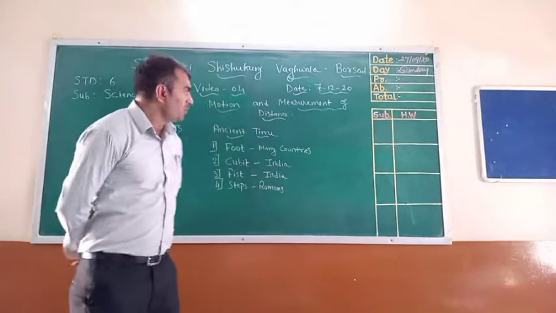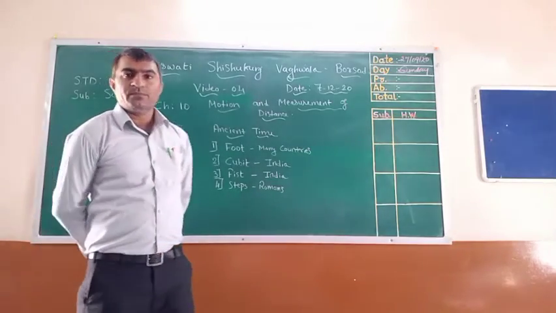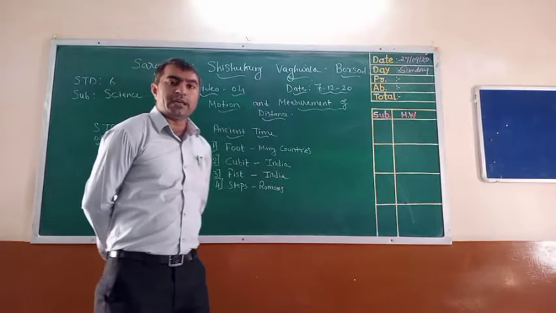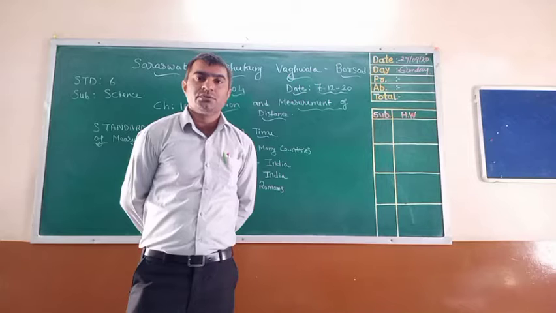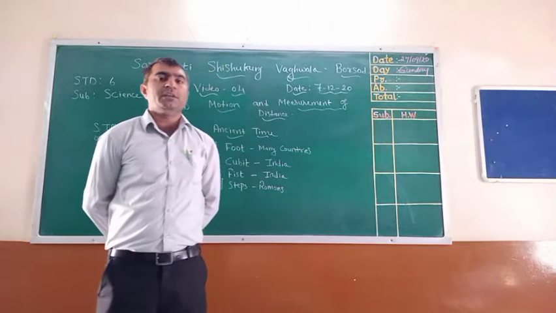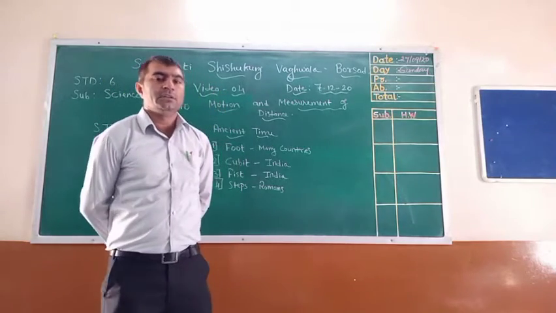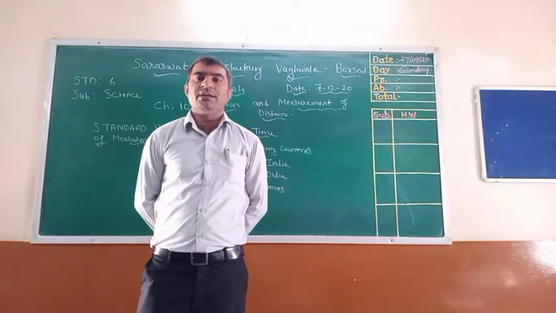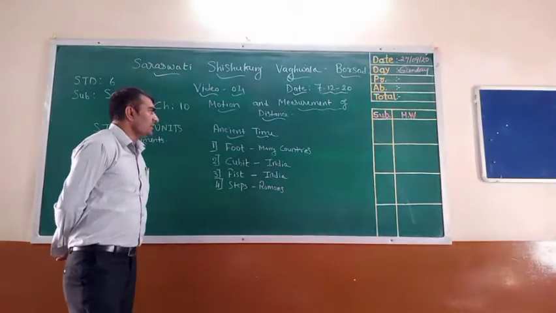Now in this video we will see the measurement taken in ancient time, how people used to measure any distance in ancient time, and then we will see the standard unit and which device or scale people are using recently. Right. So first we will talk about the ancient time.